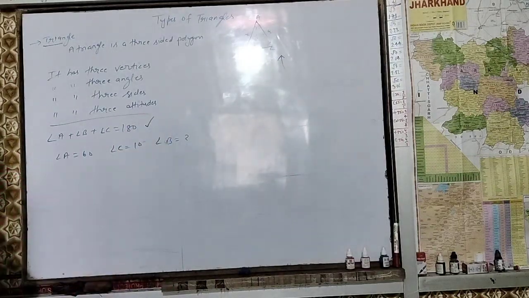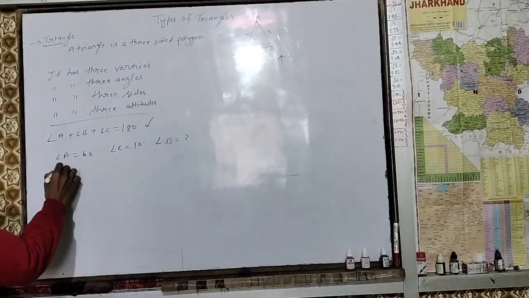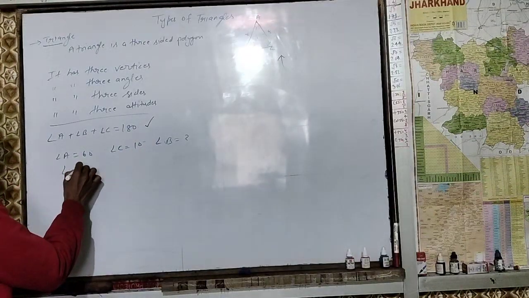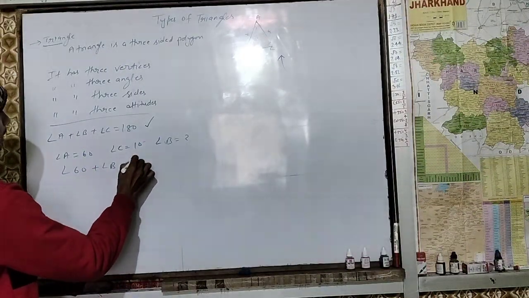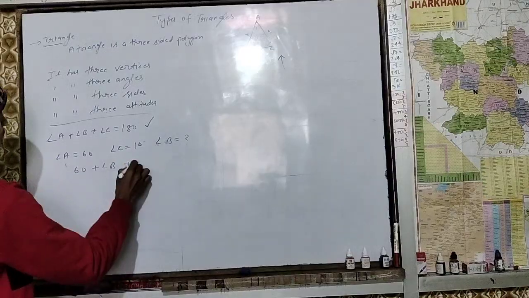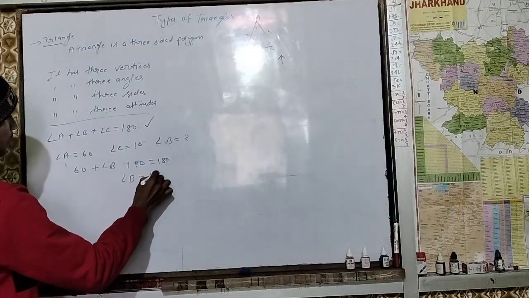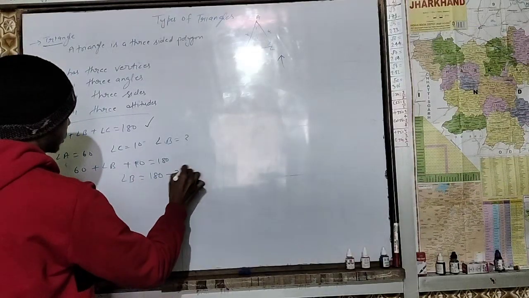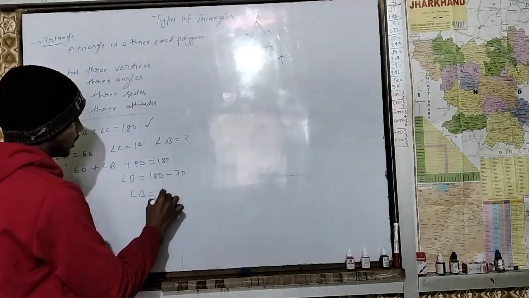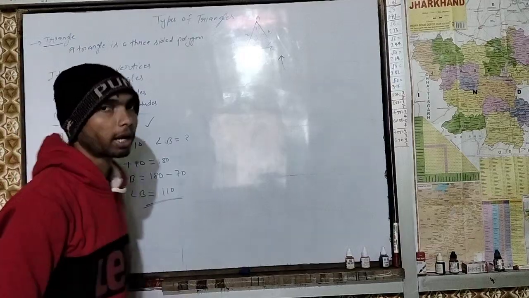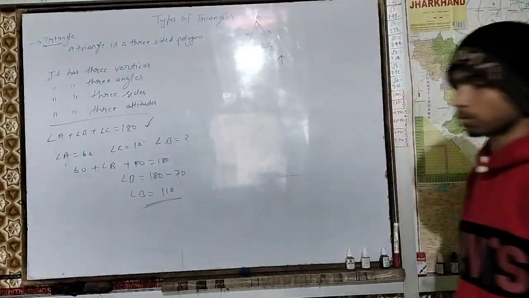By taking this formula, you can calculate angle B. Angle A is 60, angle B is unknown, angle C is 10. This is equal to 180. From this equation, we get 180 minus 70. So finally, angle B came out as 110 degrees. That is how you calculate by this formula.